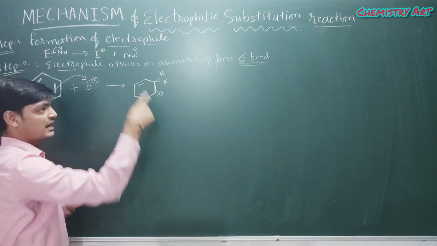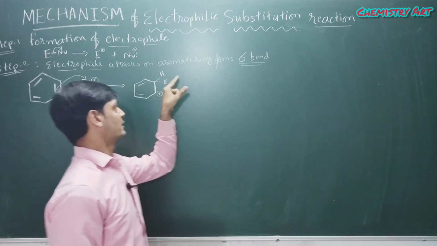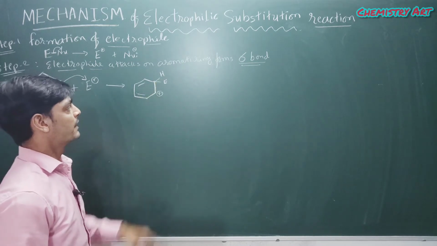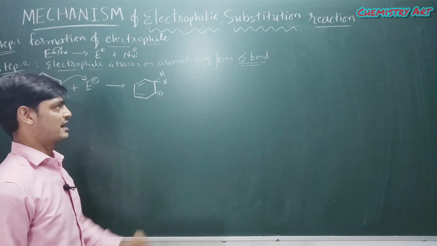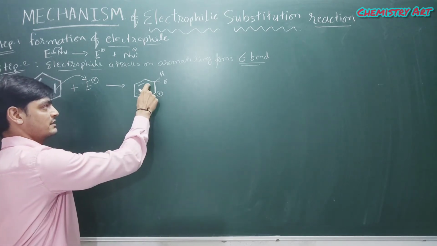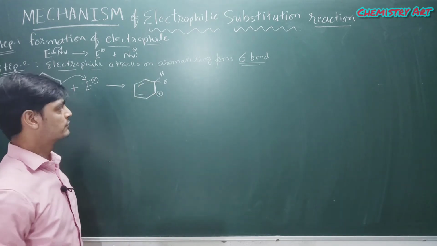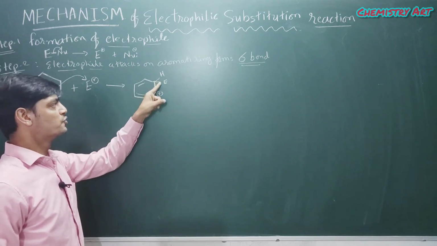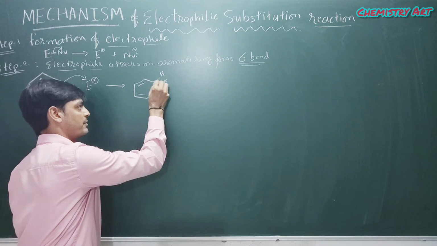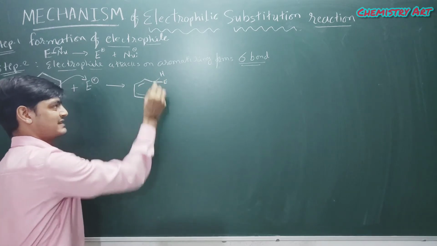So here the positive charge is generated, and on the other side the hydrogen and electrophile are on the same carbon, and that carbon does not have any pi bond, because both the pi bond electrons are used in the bond formation. So this is the second step.